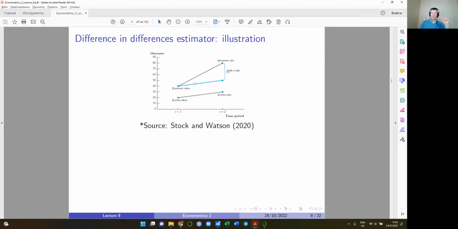But this change from 40 to 80 is not attributed fully to the treatment, because first of all we need to think, kind of like, if you remember last lecture, we posed the problem that we are not able to observe the same unit, the same person or the same firm in two states, treated and not treated.